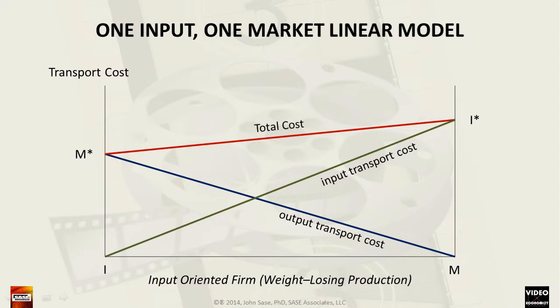The location point at which total cost is lowest will be the optimal location at which to locate production, because total cost is lowest at point large M star, such that the highest output cost is at the vineyard. The firm would do best to crush the grapes and bottle the wine at the vineyard, location large I.